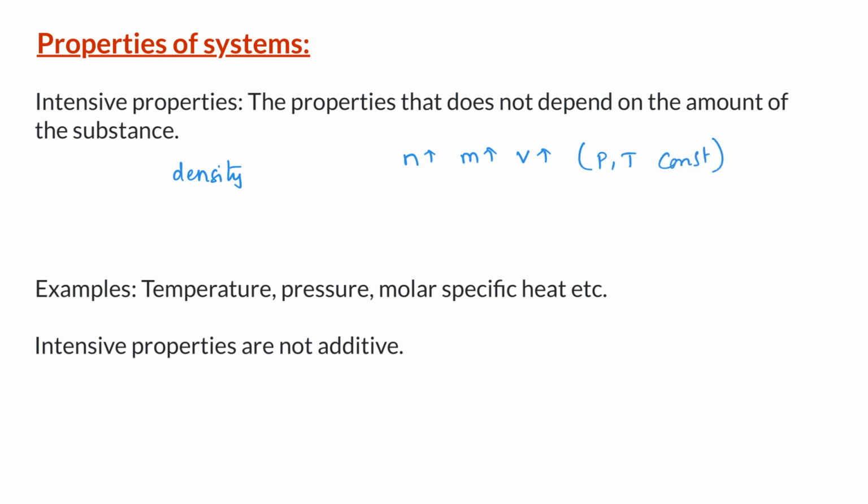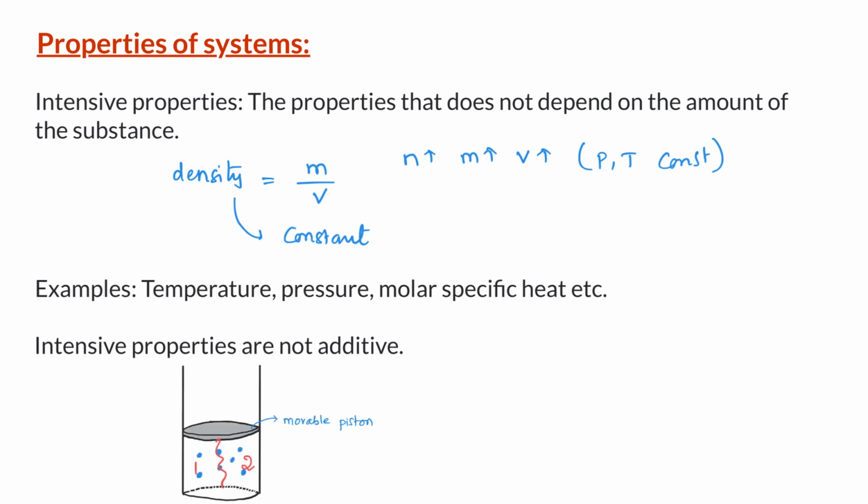However, the density of the ideal gas, which is mass over volume, does not change as you increase the amount of the substance. Therefore, the density is an intensive property. Some of the examples of intensive properties are temperature, pressure, molar specific heat, etc.